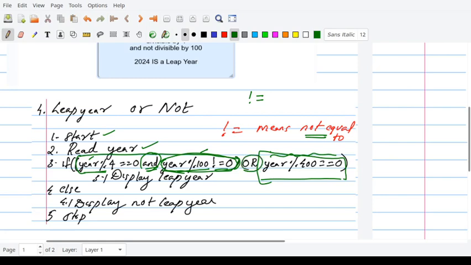One condition is the year should be divisible by 4 and should not be divisible by 100. That is one condition. Or the year should be divisible by 400. Here we are not separately writing that the year should be divisible by 4 and by 400.